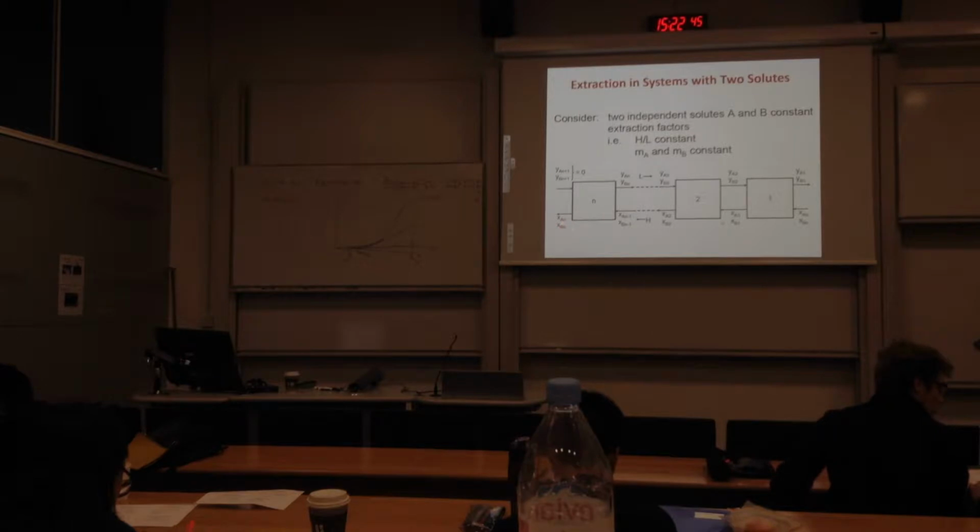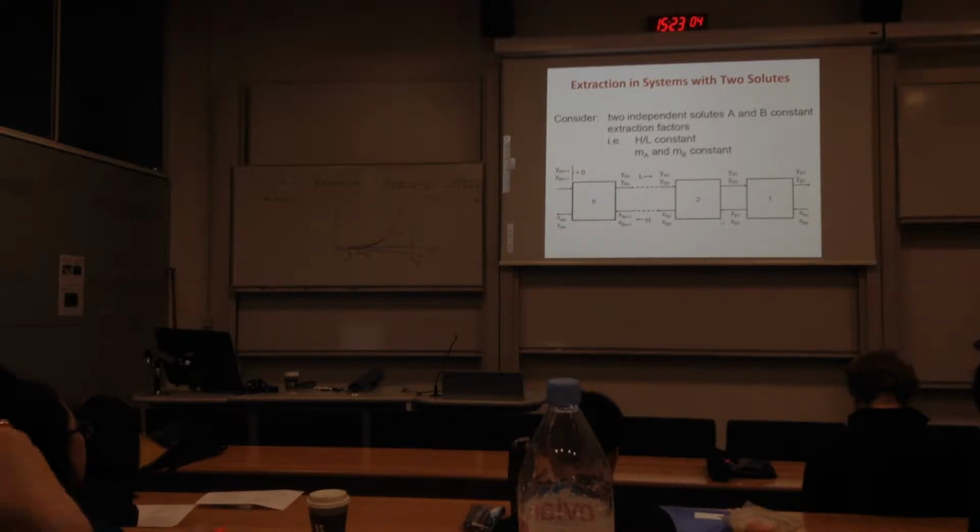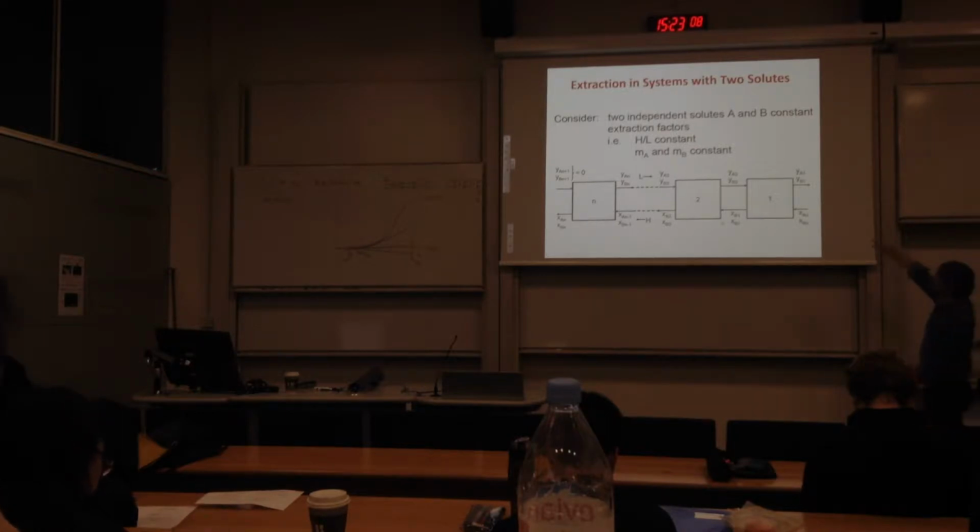Okay, so yeah, you would want one of these numbers to be very small, the other large. So you want a big difference. Ideally, if we are extracting A, A would be 0 and B would be xF0, for example. Is that right? So imagine that we want to extract A here.